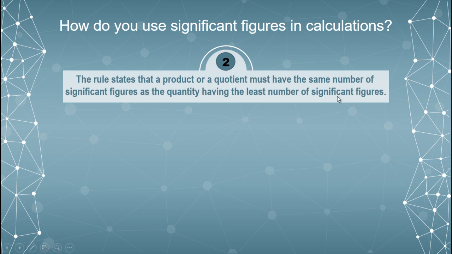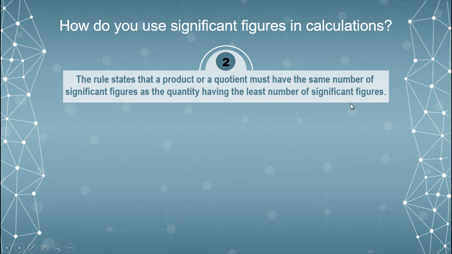So, let's take them one by one. The product, which is the answer to multiplication, and the quotient, which is the answer to division, must have the same number of significant figures. We discussed significant figures earlier, as in the number that has the least number of significant figures.